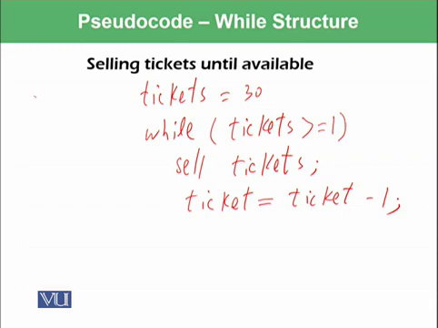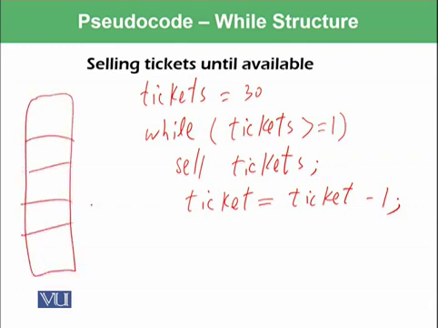How is it performing? You know that the first statement is an assignment statement, which means there is a location called ticket in the memory. When you say ticket is assigned 30, this location is assigned the value 30.